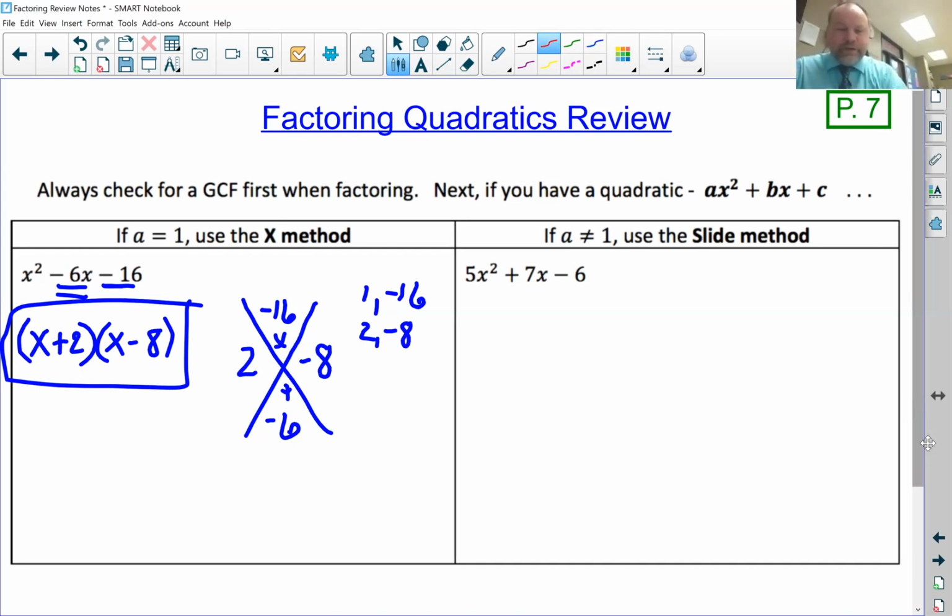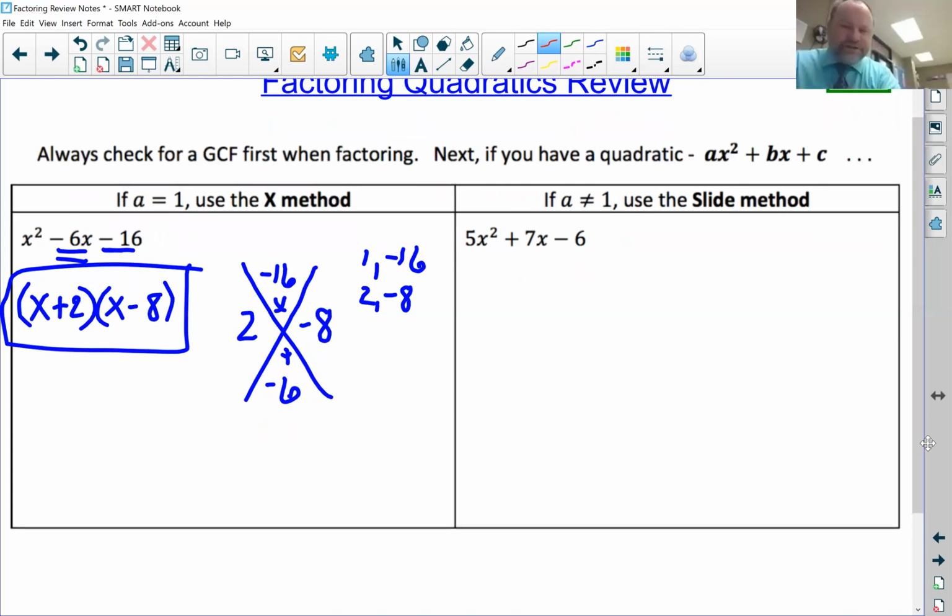All right. If there is a number other than 1 as our coefficient, then we use the slide method. And remember the slide method, we take that number, slide it all the way over, and multiply.